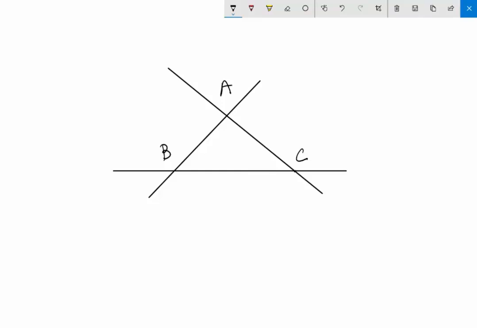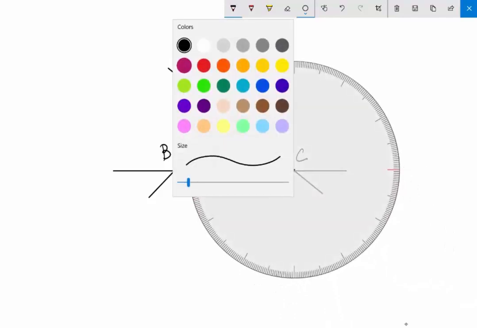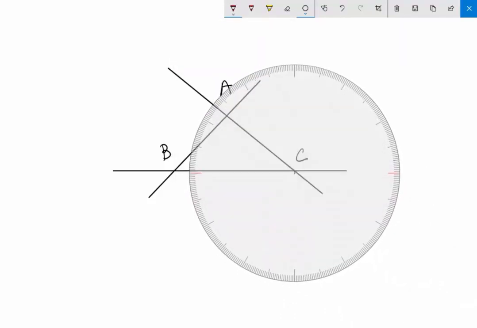So the idea is to find all three medians. As a starting point, let me try to find the midpoint of the segment line BC.